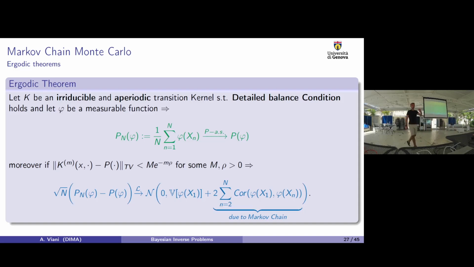So even if we are using a Markov chain, where there is no independence, we can reach almost surely our integral, and then we also have the convergence in law, so the central limit theorem. Green one, strong law; blue one, central limit. See?